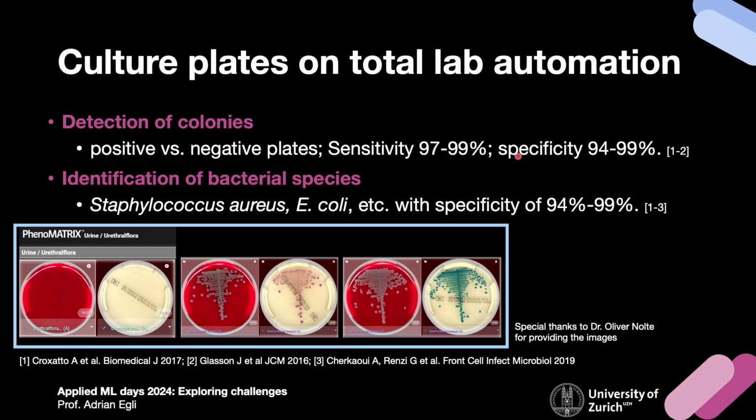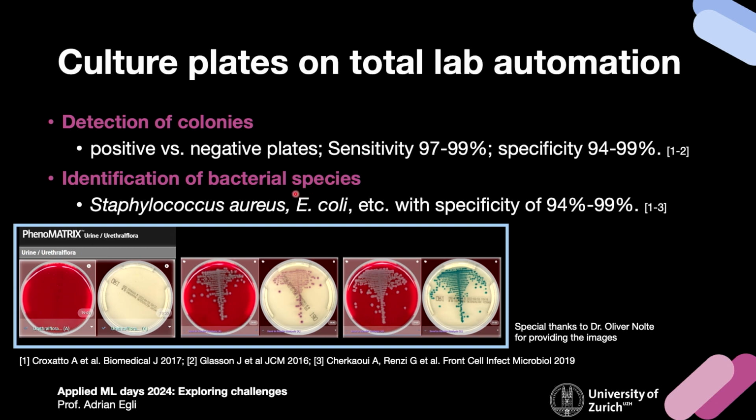So if you have a culture plate, the system can tell you, is there growth or no growth on the agar plate? So it can very rapidly screen if there's a bacteria growing or not, and this is very helpful information if you think about a urine sample, where a third of the urine samples are negative, there's no bacteria growing, and then no human needs to look at empty plates, and that's very convenient and increases the quality also.